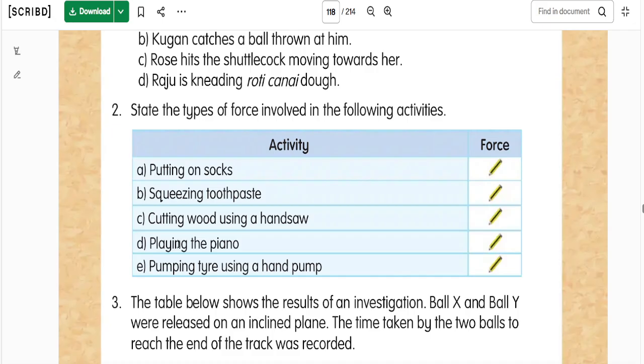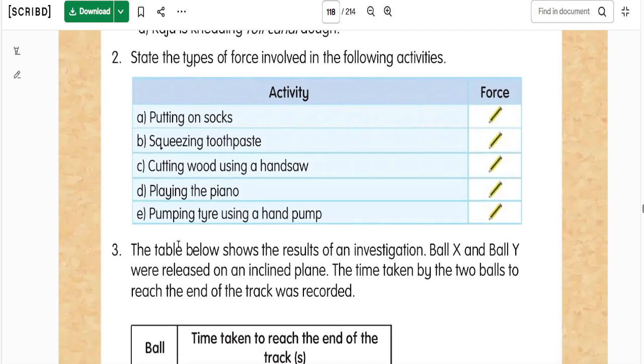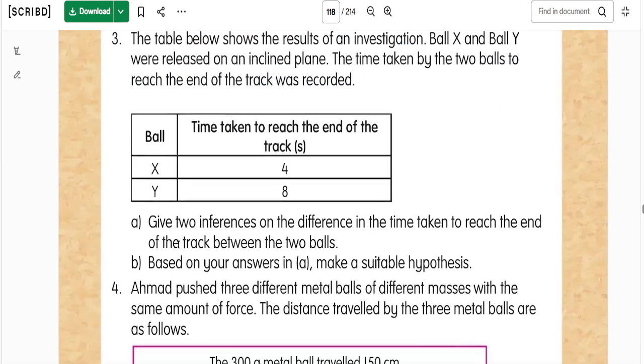Playing the piano. Pushing, pressing the keys. Pumping, raising a hand pump. Pushing the force. Yeah, pushing the pump handle down, right? Okay. Good.